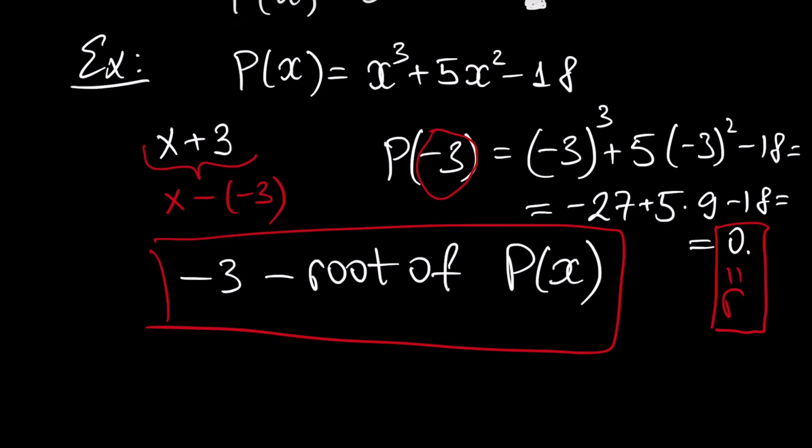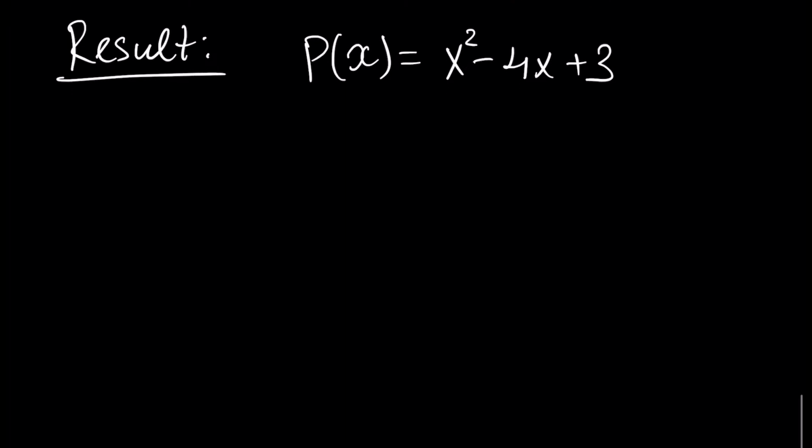Another very important result that follows from Bezout theorem is this. Let's give an example. Assume we have a polynomial x squared minus 4x plus 3. First of all, this result is formulated for integer coefficients. Here we have 1.